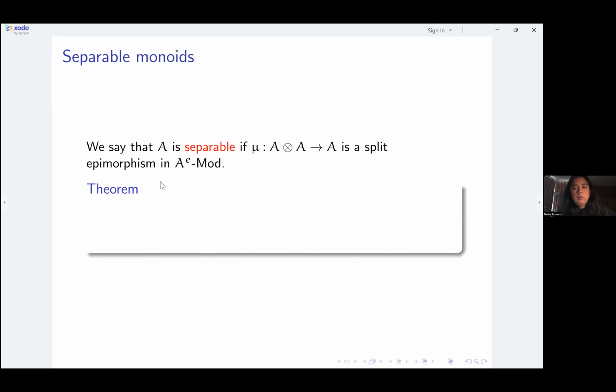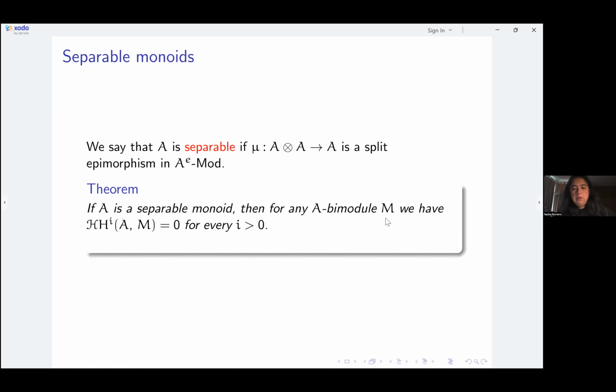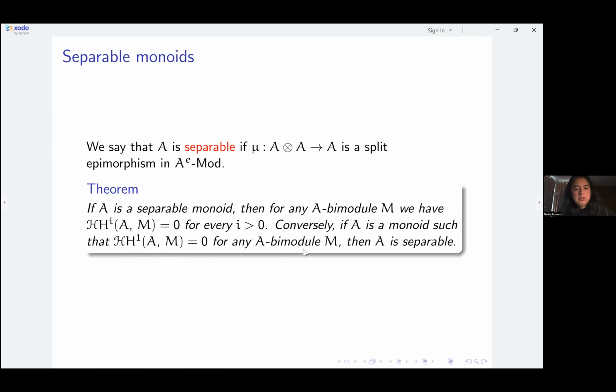And so what we want to prove is that if we have a separable monoid, then for any bimodule, these Hochschild cohomology functors we just defined are 0, always. And in the other way around, if we have a monoid such that this degree 1 is 0 for any bimodule, then A is separable.